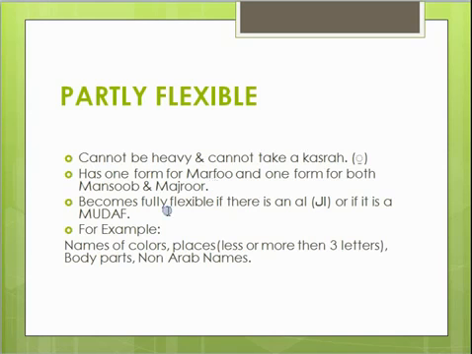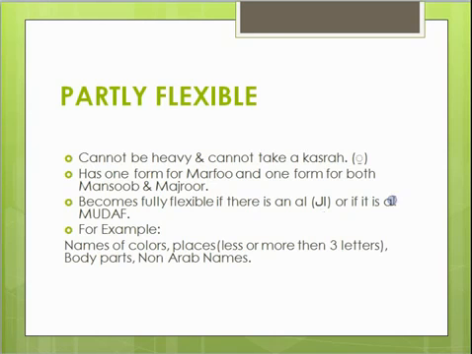And you also note that it becomes fully flexible if there is an al on it, and if it is a mudaf. So if there is a word that is partly flexible, for example Musa, but if there is an al before it, then it will become fully flexible. That means it can take a kasra. It will no longer be partly flexible. It will change with the i'rab.